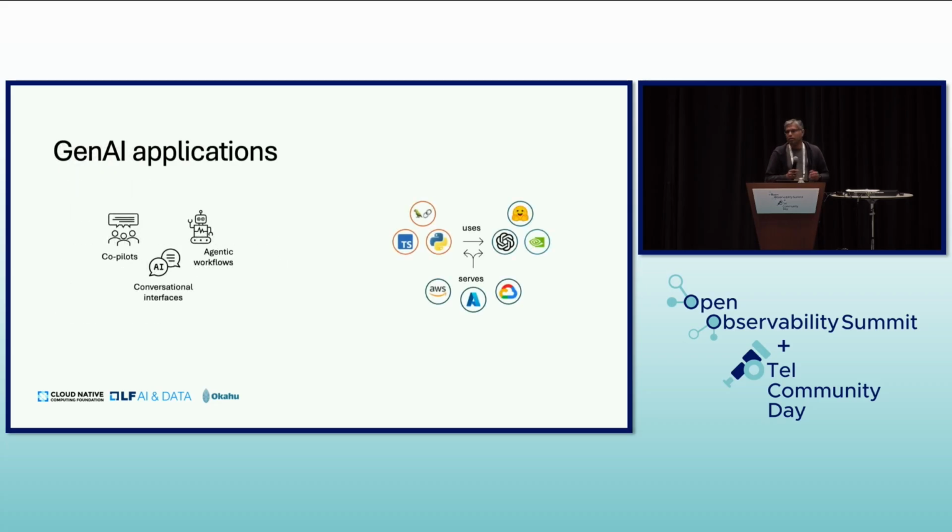So how many people here have played with GenAI applications or deployed something in production? All right. As you're mostly aware, there are a few popular design patterns people use in GenAI. You have copilots that help you complete things in the product that you're using, a better way to interact with that product.